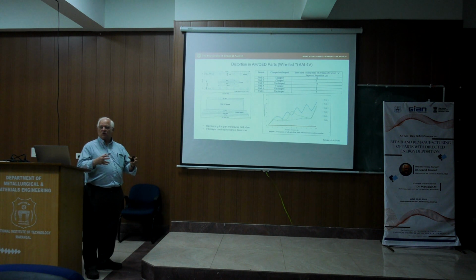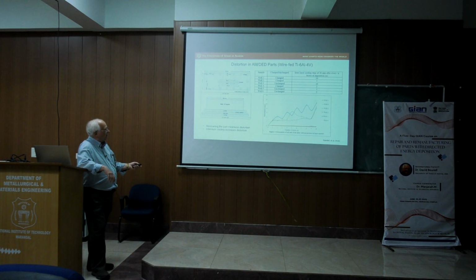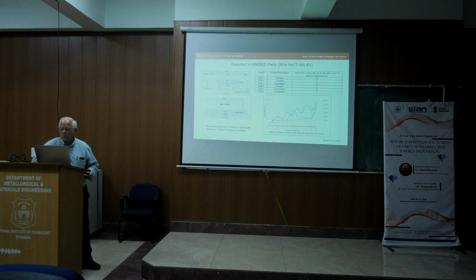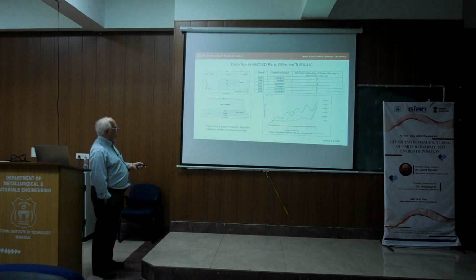Now, if the substrate is free to distort as the part is built, then we have these other three plots. I think, let's see here, the blue one is wall 5, the green one appears to be wall 6, and the purplish one is wall 3.